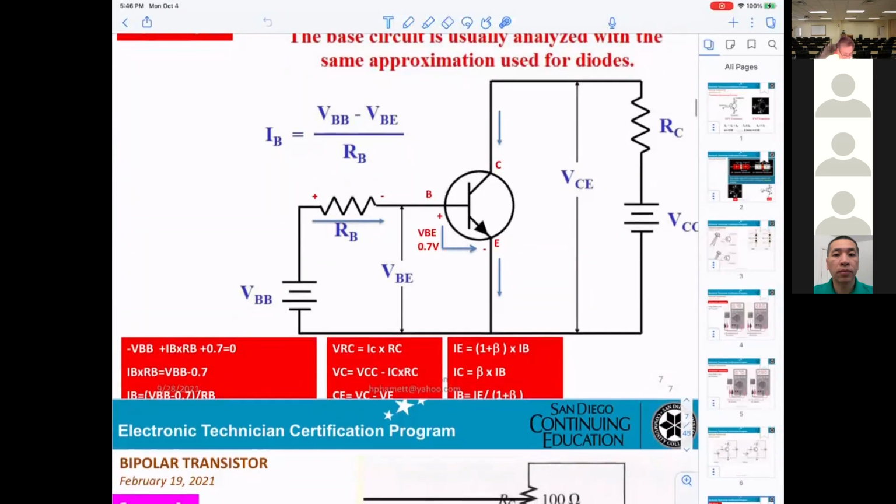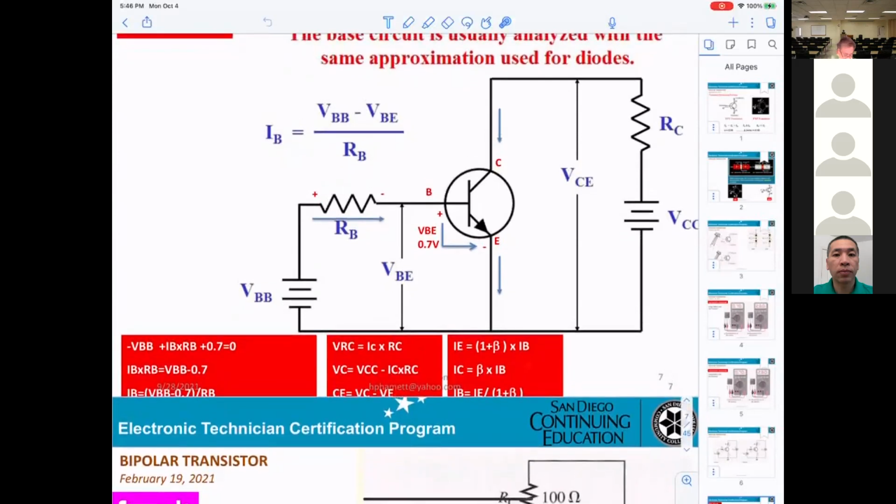And after you calculate the IB, you can calculate the IC. IC equals beta times IB, depending on what value of beta they give you. And after you get the IC, you can calculate the IE. At the beginning, I told you IE equals IC plus IB.